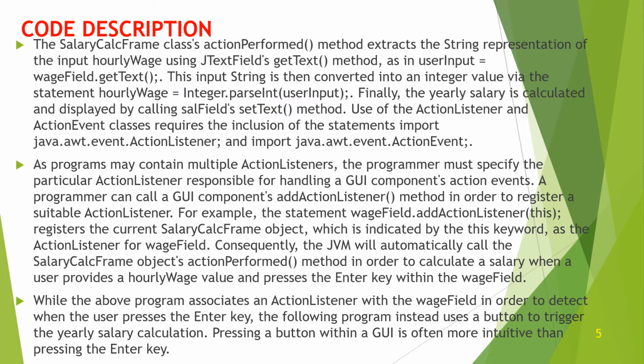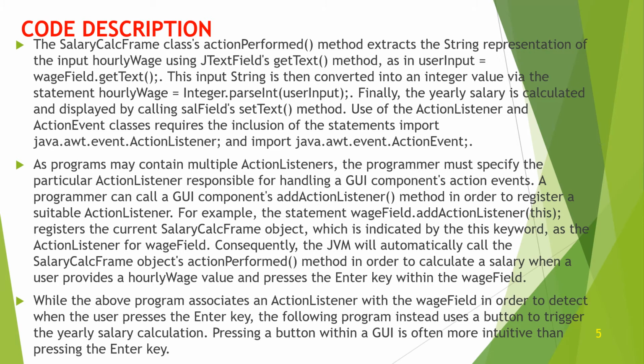The use of ActionListener and ActionEvent classes requires certain import statements, which use java.awt.event. Our programs may contain multiple action listeners, so it should specify the action listener responsible for handling each component.